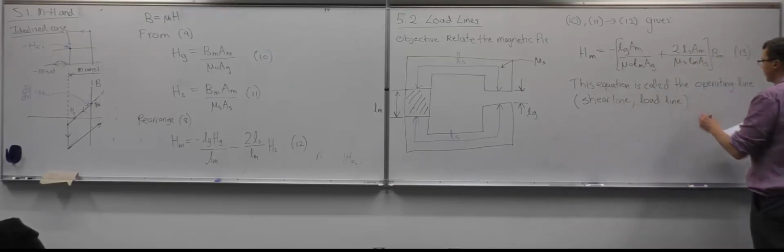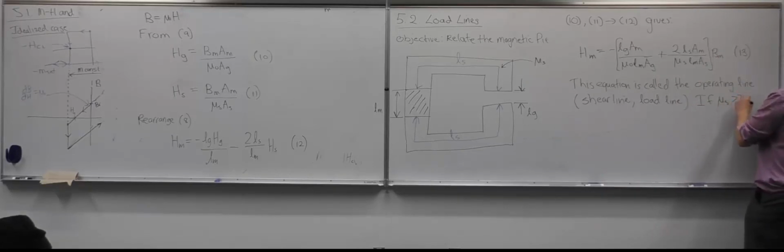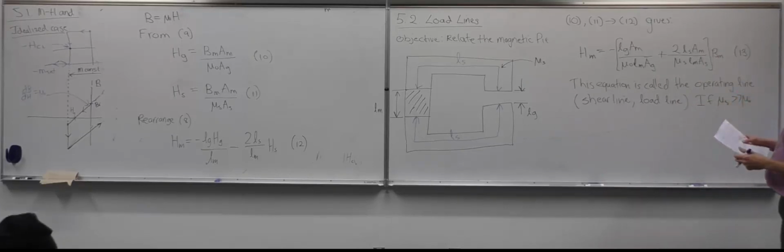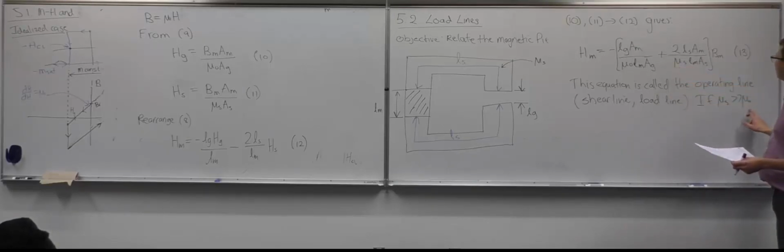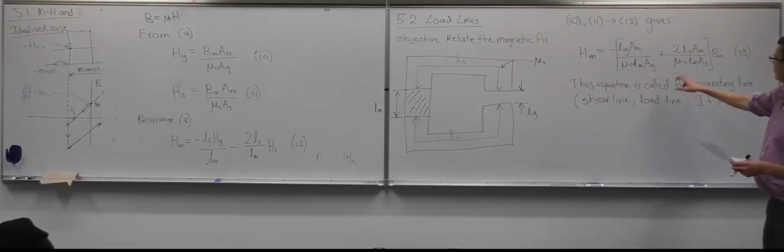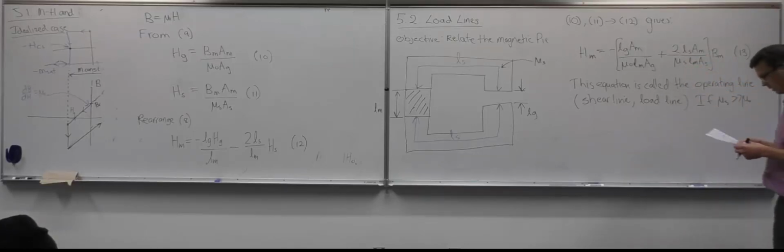Now if mu s is much greater than mu naught, so the relative permeability of the steel is much greater than air, right? So this is mu naught times mu r in this mu s. So if mu s is much greater than mu naught, then this second term here can be approximated to be 0, will be small. So let's just do that.